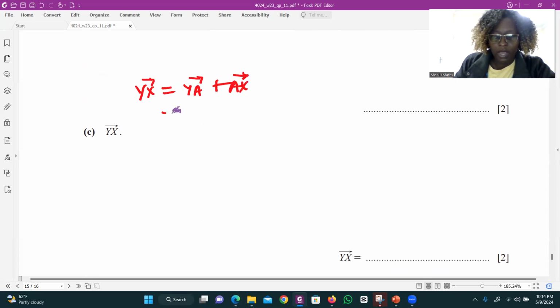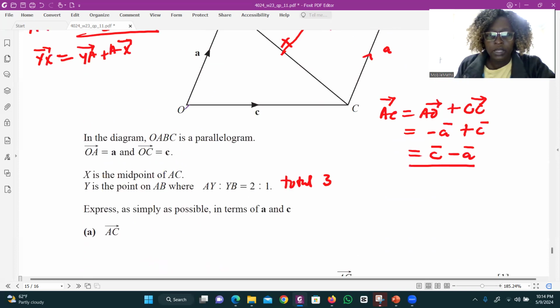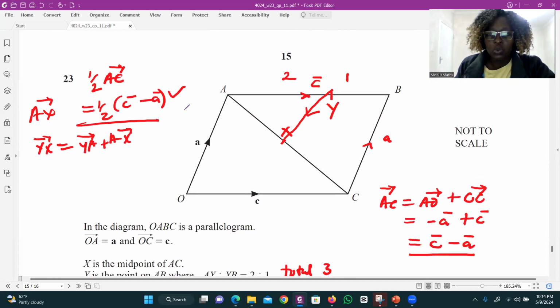YA is going to be 2 over 3 of the total ratio of AB.